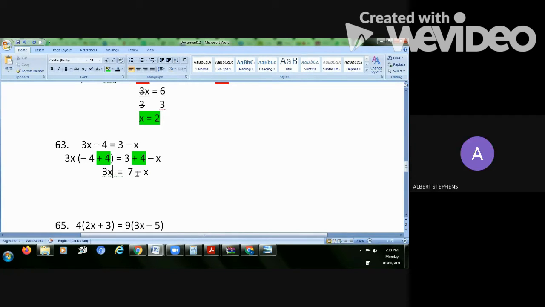How would I get rid of negative x? Plus x. Negative x plus x, not true? Yes, sir. Because look, what is negative 1 plus 1? 0, not true? If you have negative m plus m, that's 0.